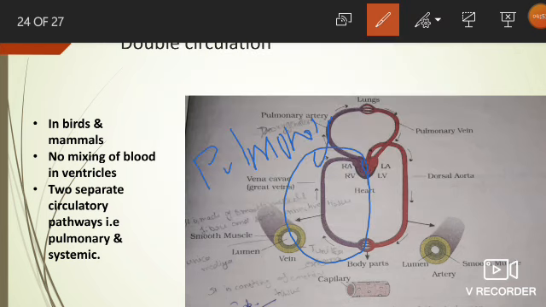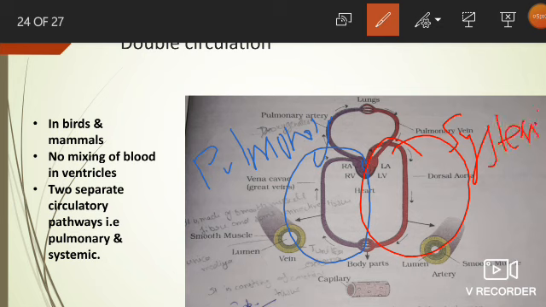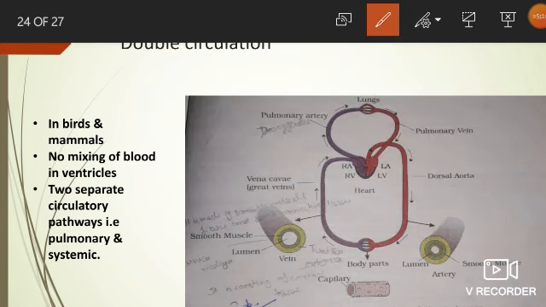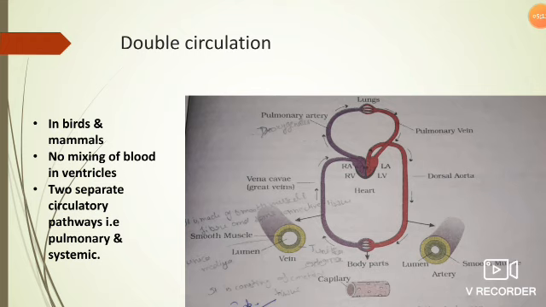And the left part of the heart always contains pure blood, that is oxygenated blood, so it is named as systemic circulation and systemic heart. So in the four-chambered heart there is proper separation of oxygenated blood and deoxygenated blood. There is no mixing of blood in the ventricle region, as there are two separate circulatory pathways, so it is named as double circulation.